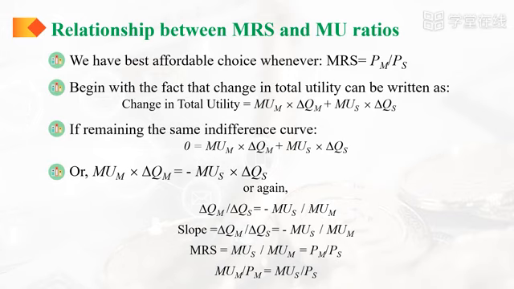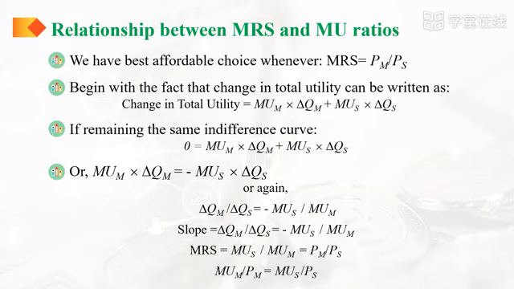Notice that the left-hand side of the last equation is the change in soda divided by the change in movies along an indifference curve, which is the slope of the indifference curve. But the magnitude of the slope of an indifference curve is the marginal rate of substitution. Then we can now have MRS equals MUM over MUS equals relative price equals PM over PS.